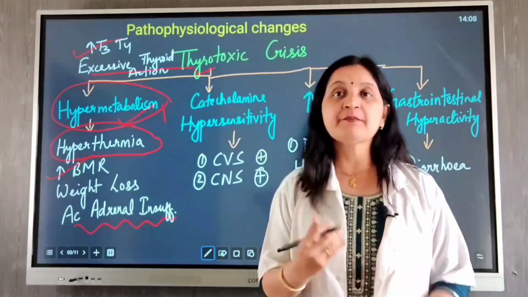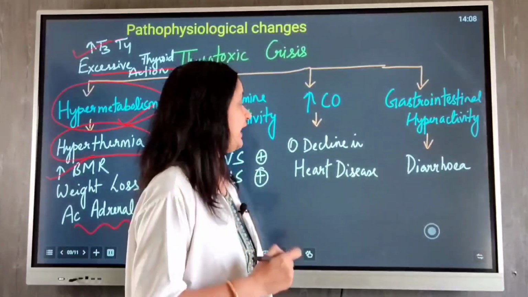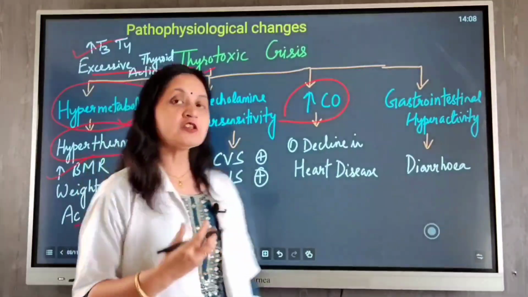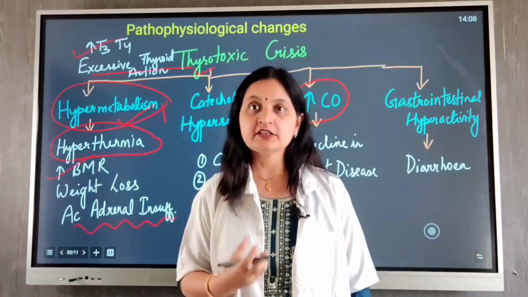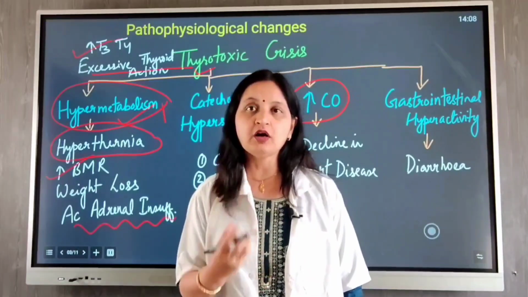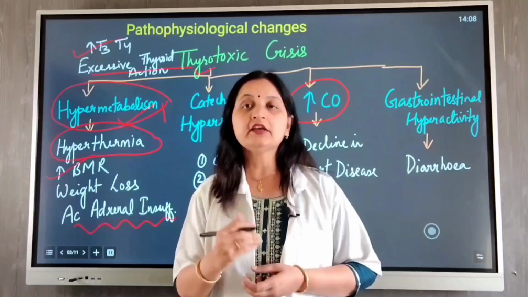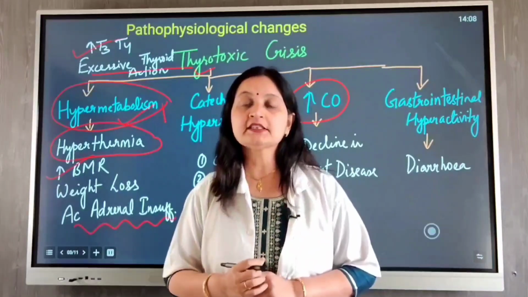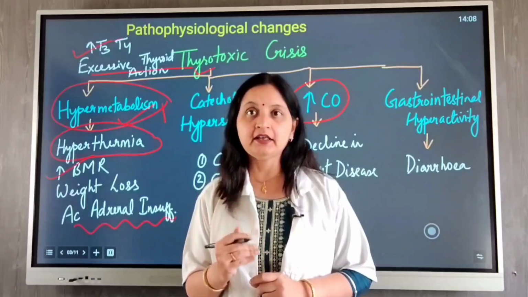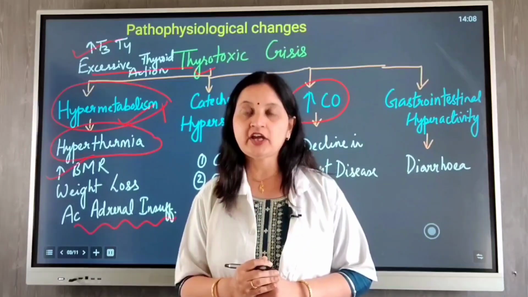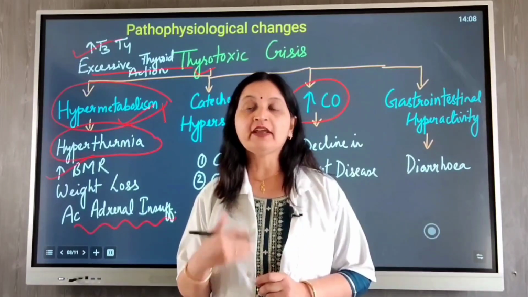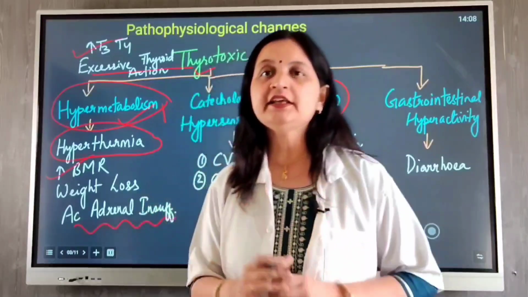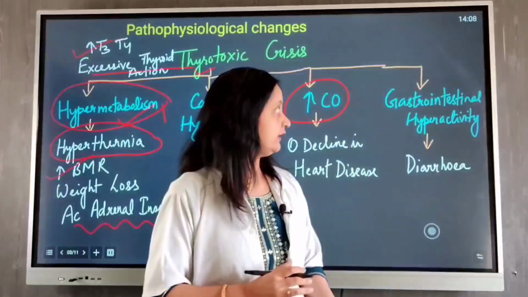Also, excessive sympathetic stimulation increases the cardiac output, and because the workload on the heart increases, the oxygen consumption increases, raising the risk of high output heart failure. So pre-existing cardiac disease might decline, particularly heart failure and angina, which are conditions of increased oxygen demand.